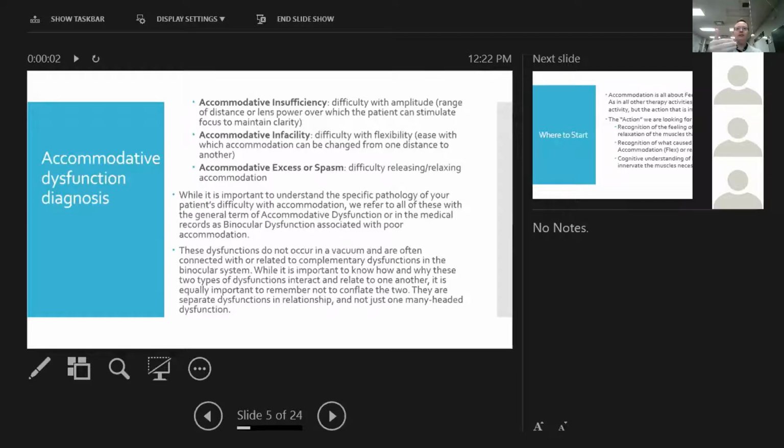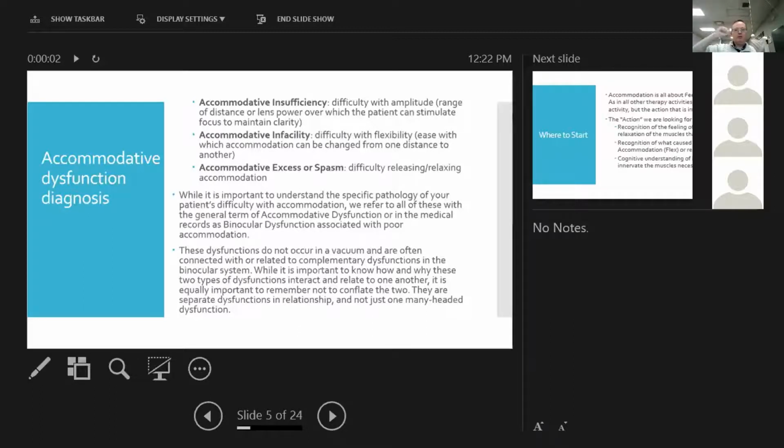Now, plus is a little bit different, because remember, once you get past infinity, you can't relax anymore. So if the target is at 40 centimeters, you may have somebody who may be able to relax to a +2, maybe a +2.50, but because of the math of it and how far that's moving out, that might be all the plus you could put in them and still make it clear. So as a therapist, keep in mind where that infinity point would be, or where that total relaxation of the accommodation system would be.